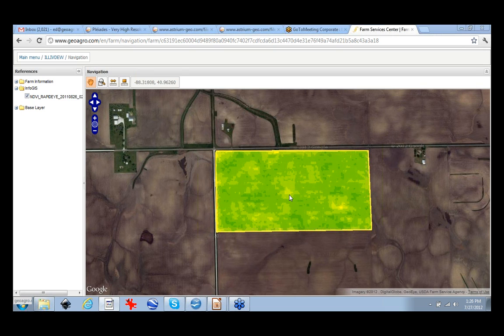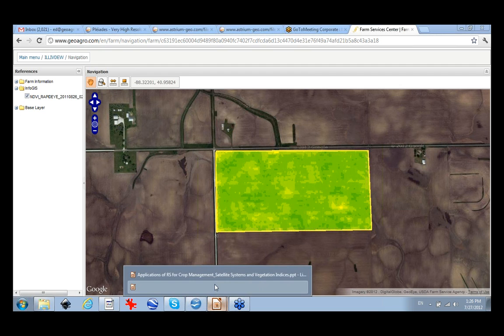So this was a good guidance for going to the field with the GPS coordinates and then taking samples at those points. So this is one type of application that this was used for.